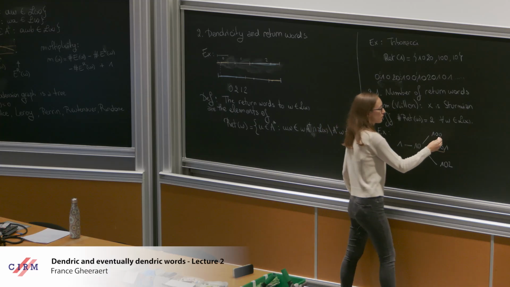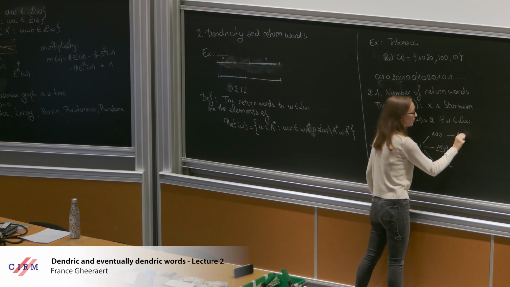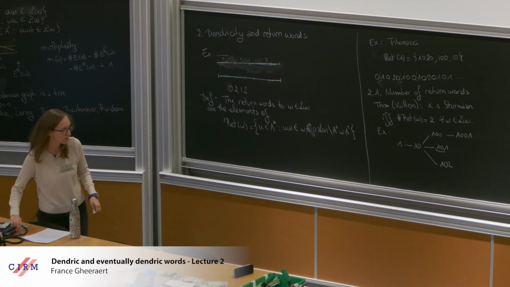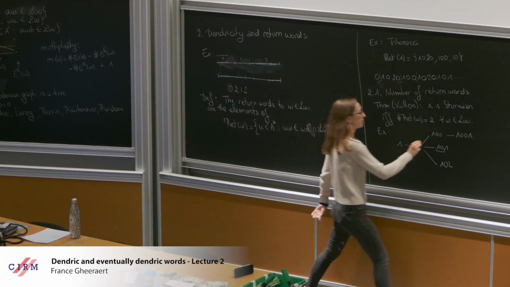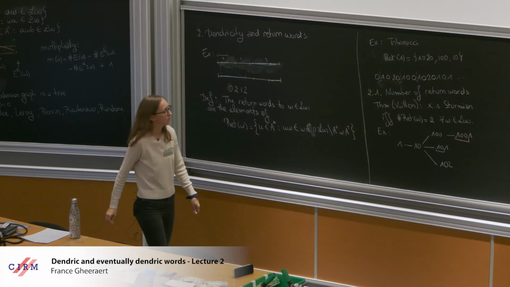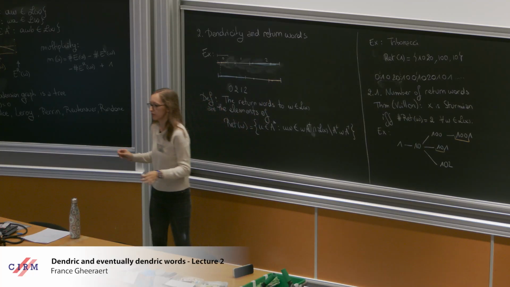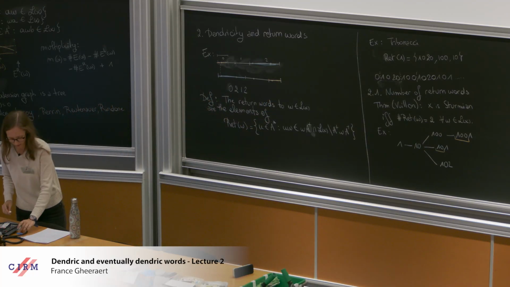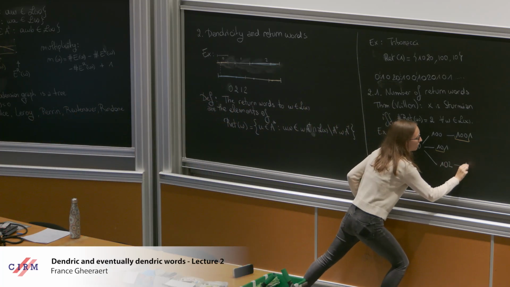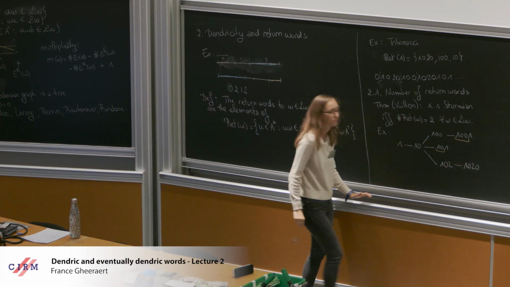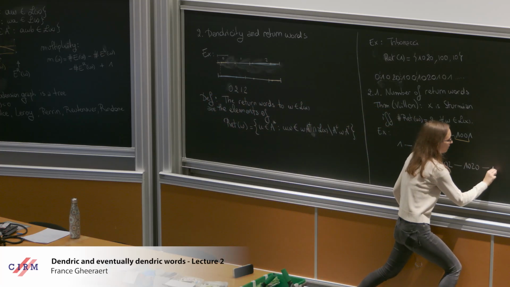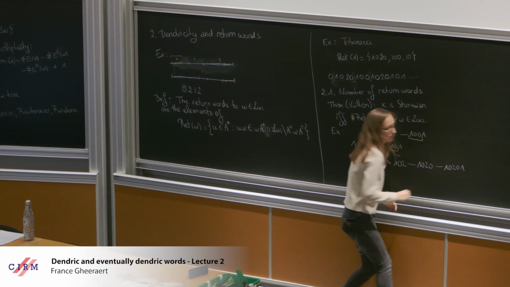After 1, 0, 0, the only possibility is to have a 1. And again, I see another occurrence of 1, so I know I can stop there, and that this will be a return word. So far we get the same return words as above, so that's always a good sign. And the bottom one, after 1, 0, 2, we have to see a 0. We're not done yet, so we have to keep going, and this time we are done.